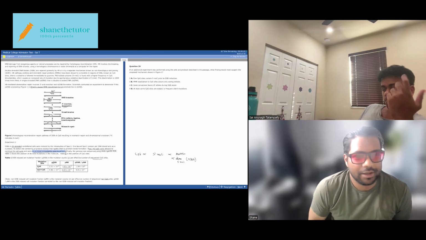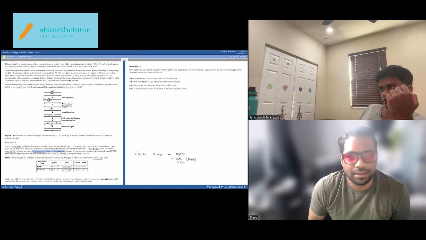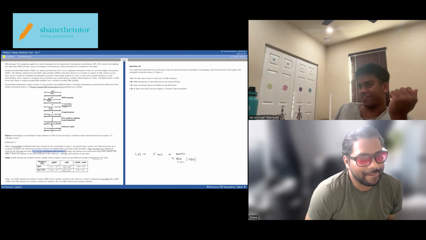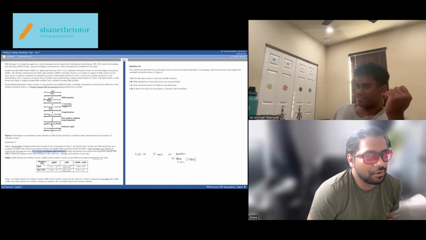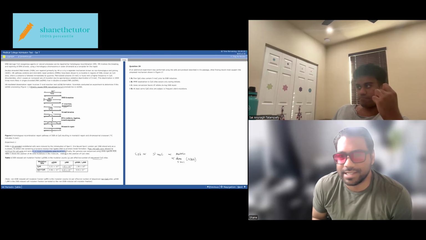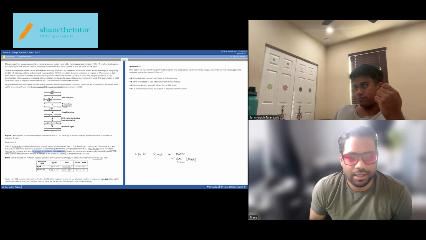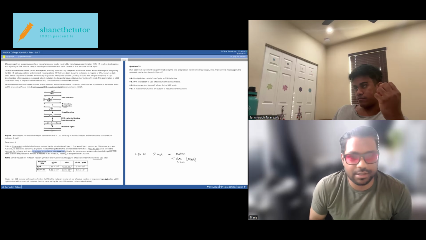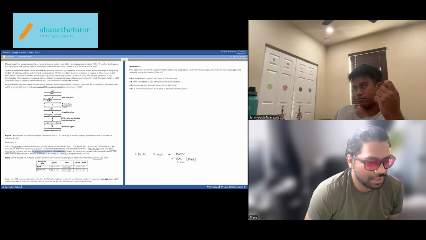I still wasn't sure about C. So we know that CPG sites are subject to frequent mutations, right?